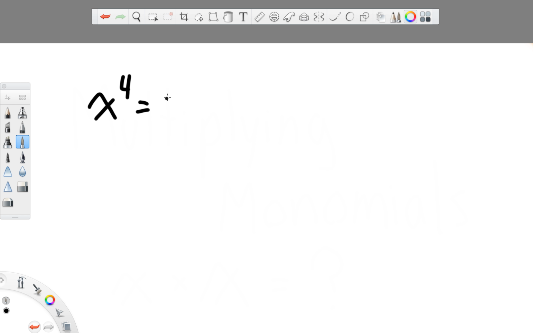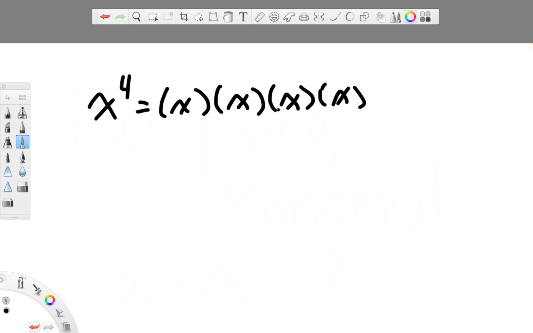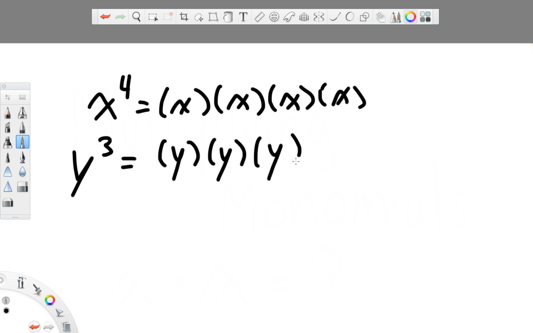So this simply means x times x times x times x, right? x is multiplied by itself 4 times. So if we have, let's say, y to the power 3, this is simply y times y times y, right?